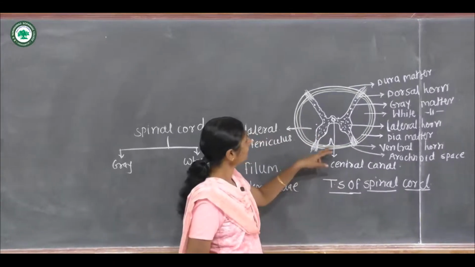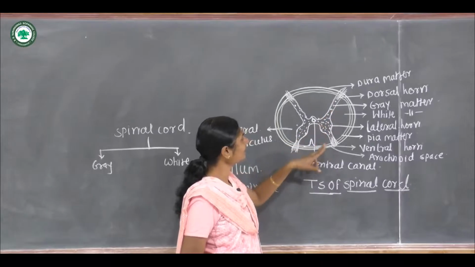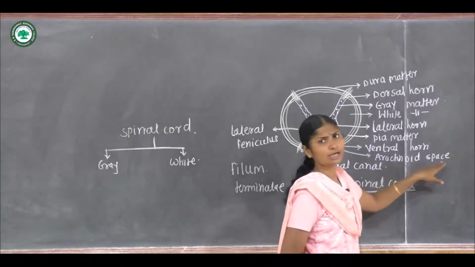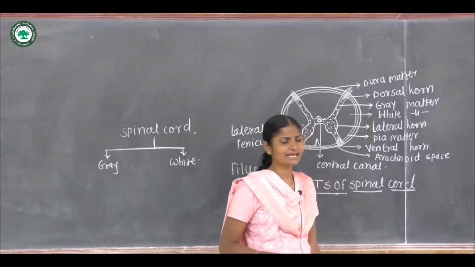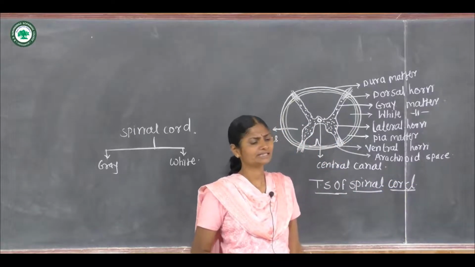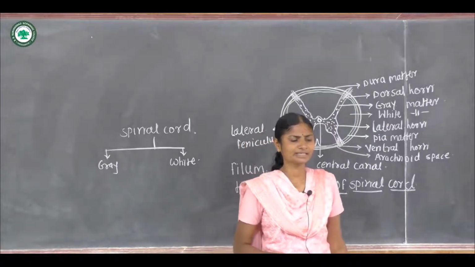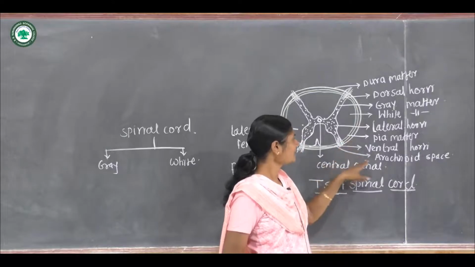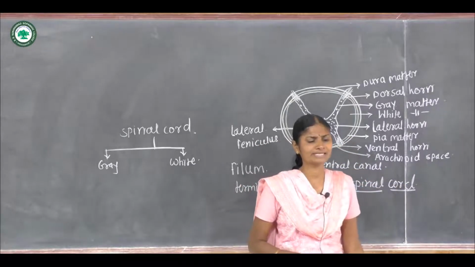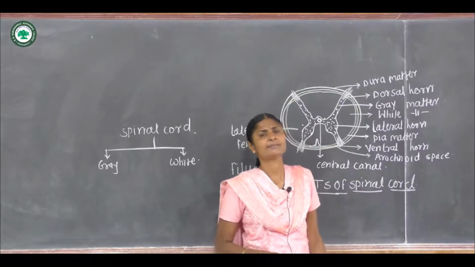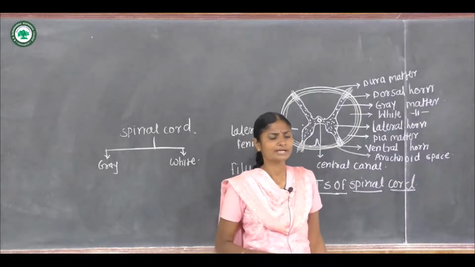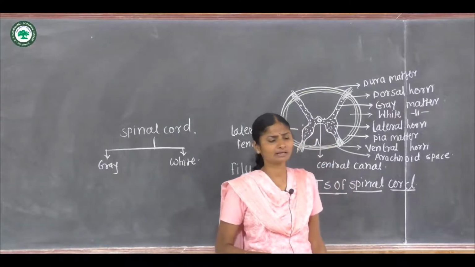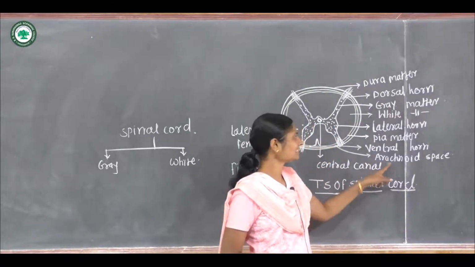Next, in between the dura and pia mater, a space is present, and this space is called the arachnoid space. This arachnoid space present between the dura and pia mater is non-vascular, meaning blood vessels are absent in the arachnoid space. It is joined to the inner pia mater by a number of trabeculae, and it is filled by cerebrospinal fluid.